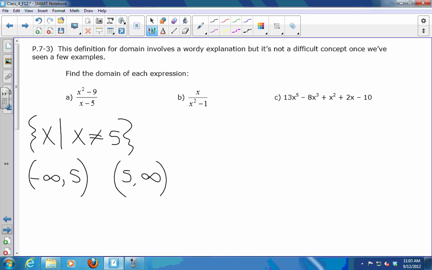Just not 5 itself, so I just put 5 but don't include it. And then I put a big U between those two to say, put those two sets together. So the U stands for union, like they get married. So there's just two ways to express this. Use your favorite, doesn't matter.